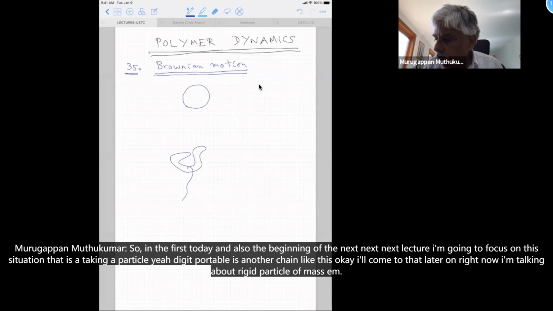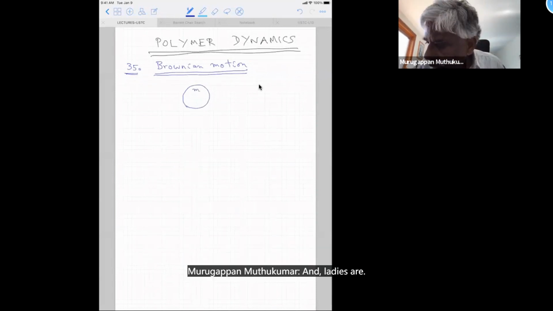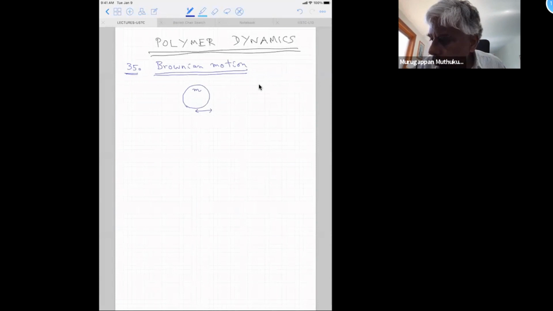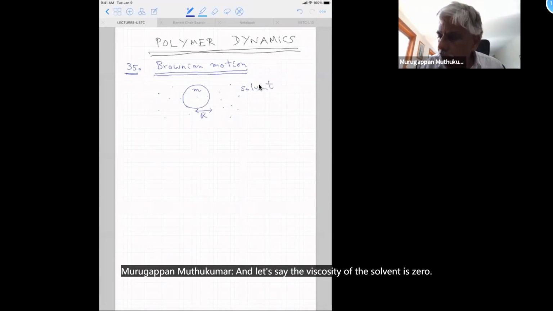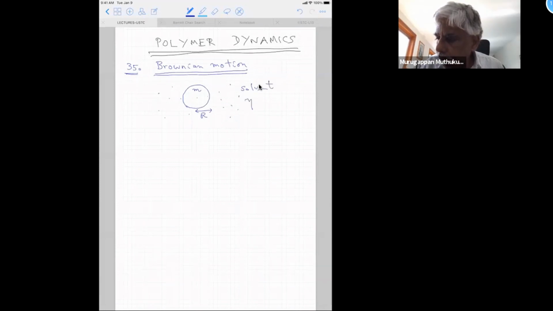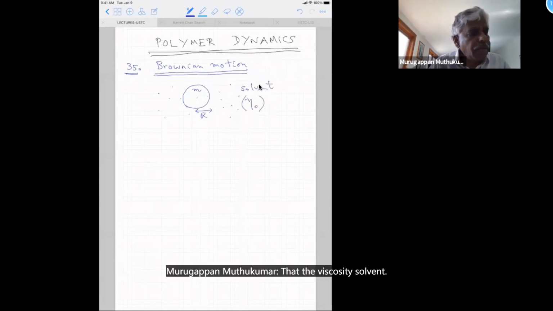Right now, I'm talking about a rigid particle of mass m and radius r, a spherical particle, put in a liquid. These are solvent molecules. This is solvent. And let's say the viscosity of the solvent is eta 0.